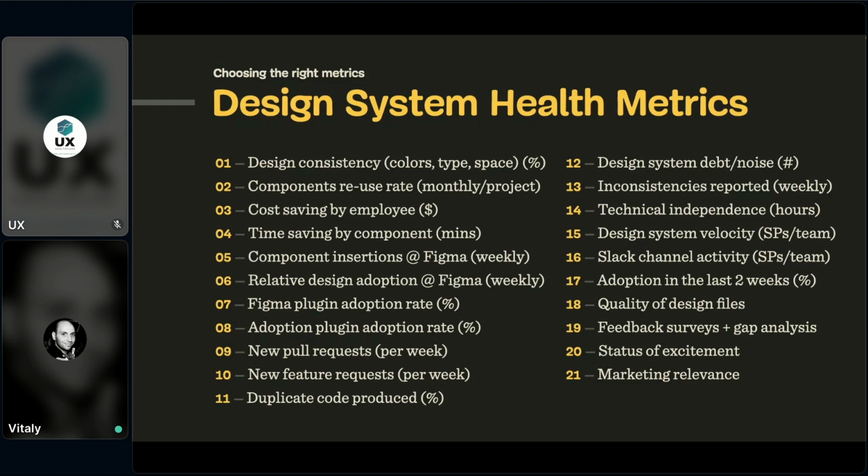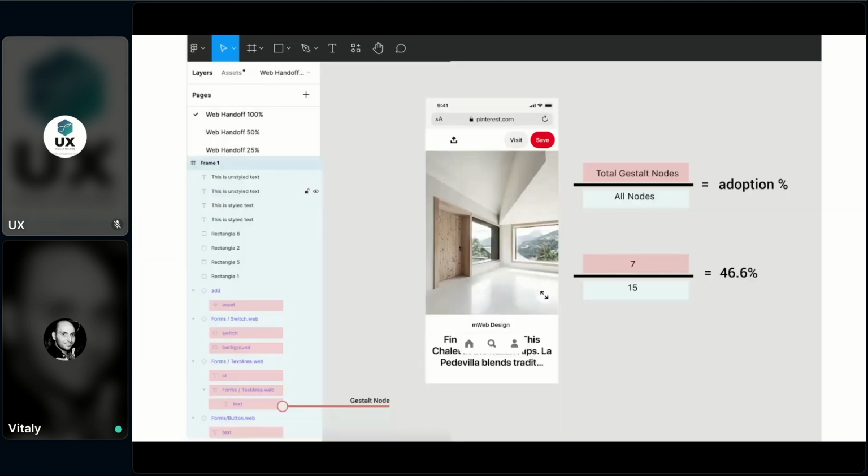So one thing that did work, and it seems to be the most efficient one, is number 6. That's relative design adoption. It's actually coming from the team at Pinterest, because the team at Pinterest decided to use this as a measure. They take basically every mockup that has been produced over the last 2 weeks by designers, that were also marked as complete or finished.